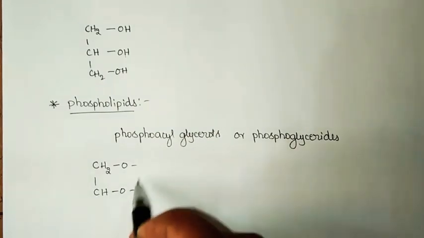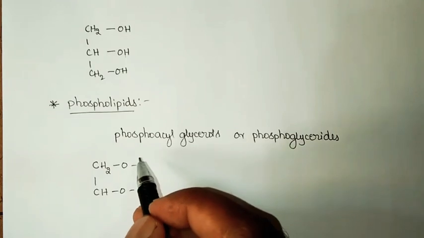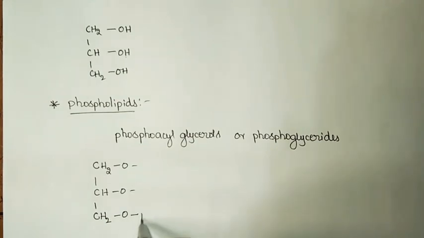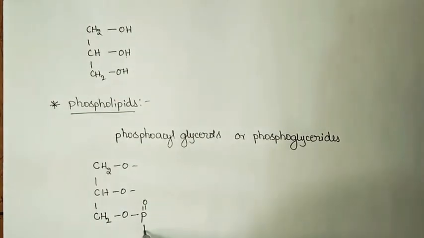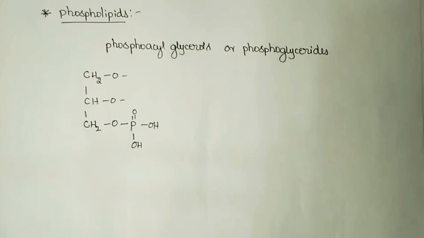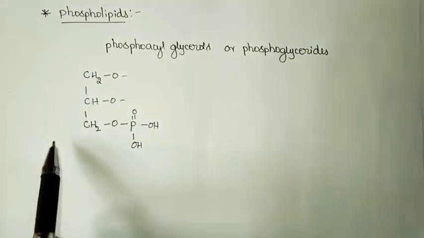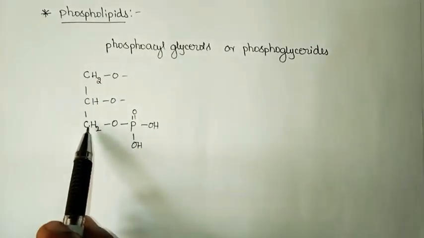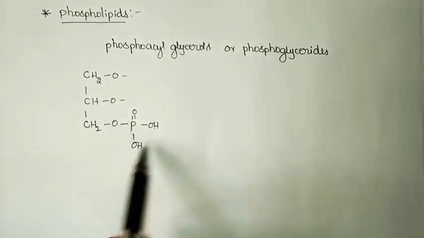CH2O, here there will be the fatty acid molecule, and one OH group of the glycerol molecule will be replaced with a phosphate group, this one, right? And here you can observe this phospholipid molecule has both a non-polar hydrocarbon part as well as a polar part.